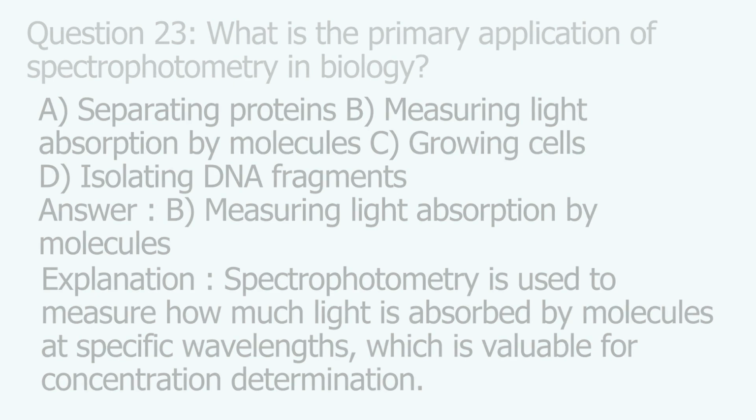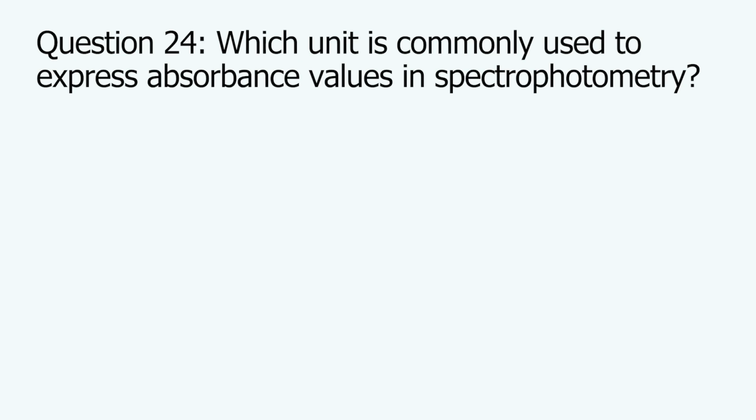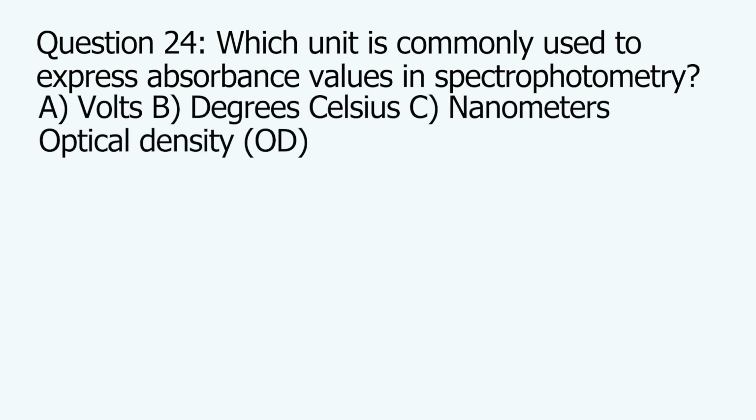Question 24. Which unit is commonly used to express absorbance values in spectrophotometry? A. Volts. B. Degrees Celsius. C. Nanometers. D. Optical density, OD. Answer.